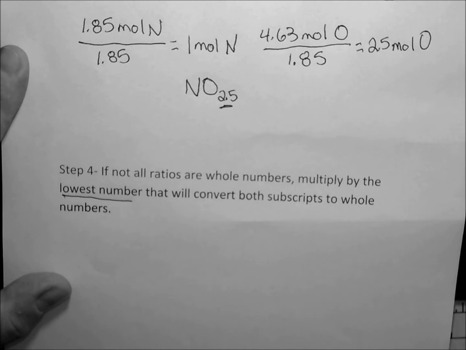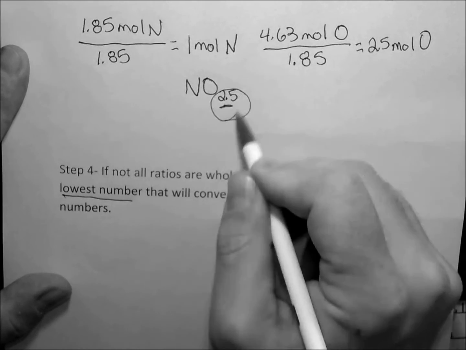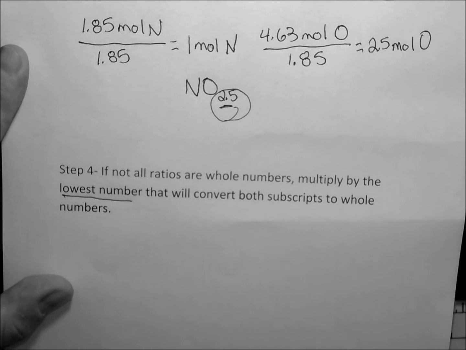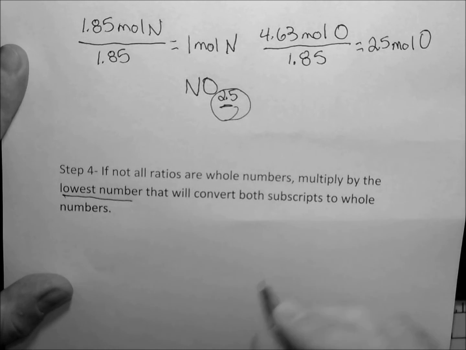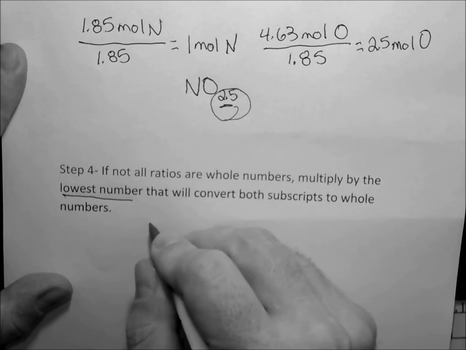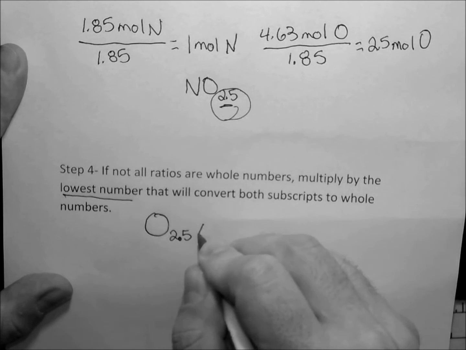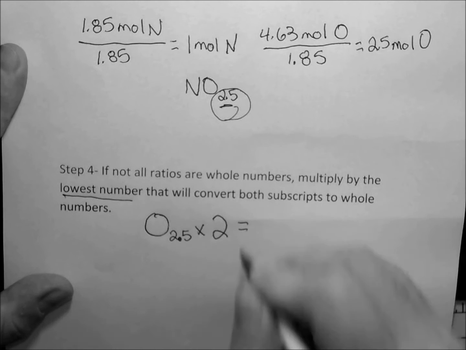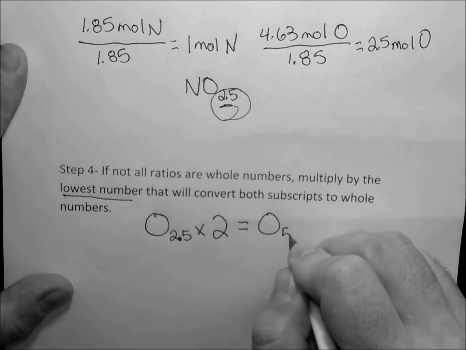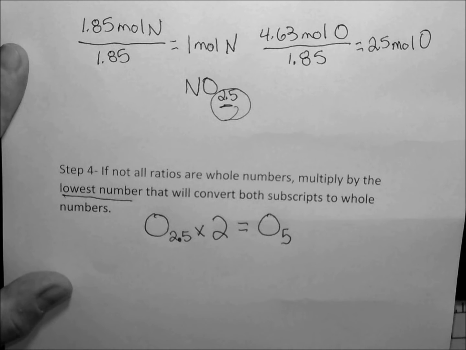And here's what you need to think. This right here, 2.5. 2.5 times what number will get that to a whole number? If you think about it, 2.5 times 2 equals 5. That is the smallest whole number I can get there.